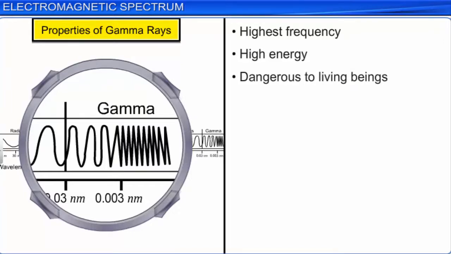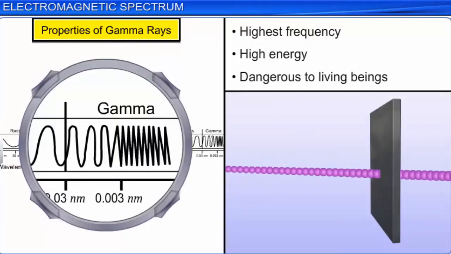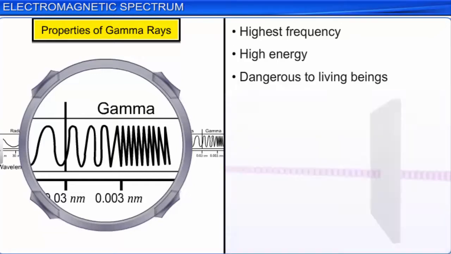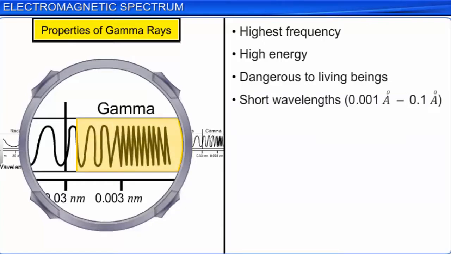Gamma rays have the highest frequency, possess very high energy, and are extremely dangerous to living beings, since they are highly penetrating in nature. They can penetrate through thick metallic sheets, even 30 centimeters thick iron. Gamma rays have extremely short wavelengths, in the range of 0.001 angstrom to 0.1 angstrom.